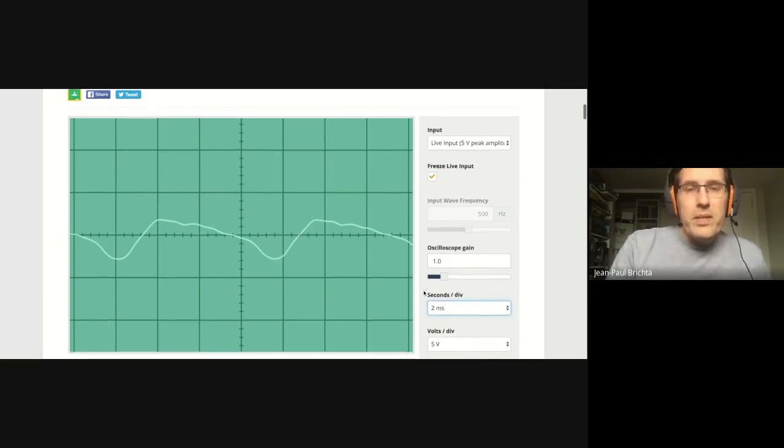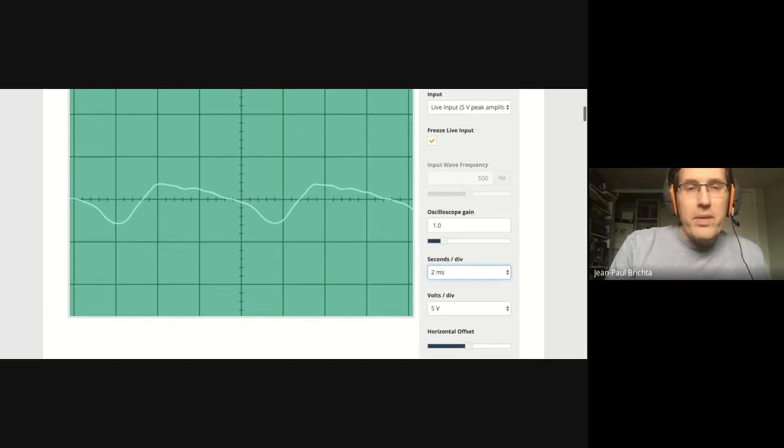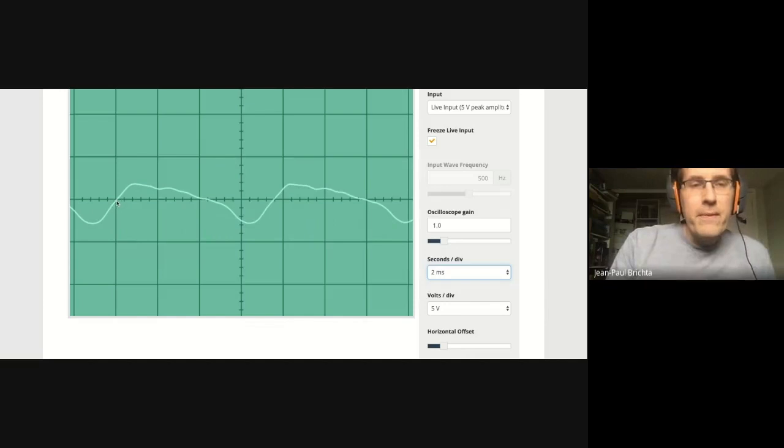Since it's helpful if we can read large boxes, what I'm going to do is adjust the horizontal offset. I like to have the axis of the wave at the start of one of these major divisions.